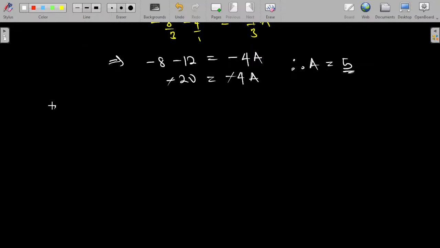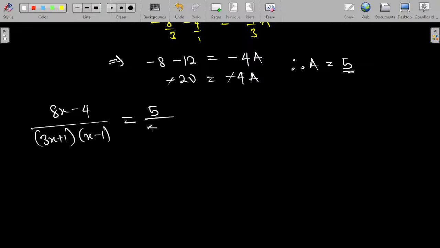That means that our 8x minus 4 all over 3x plus 1 into x minus 1 is equal to a, which is 5 all over 3x plus 1 plus b, which is 1 all over x minus 1. And this is the partial fraction that you are required to produce, right?